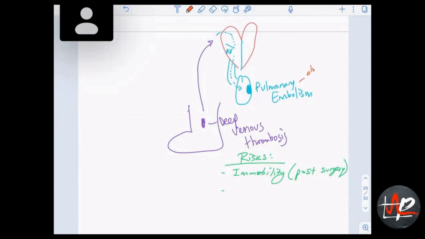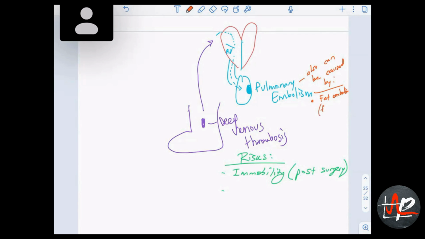So a PE can also be caused by, number 1, a fat embolism. And so where would you see a fat embolism? That'd be after you fractured a long bone. So this is oftentimes after femur fractures.